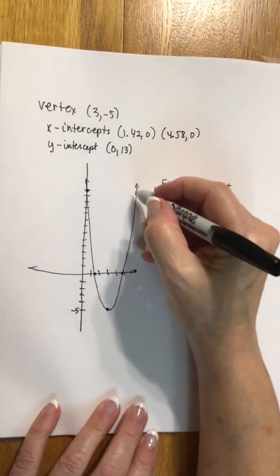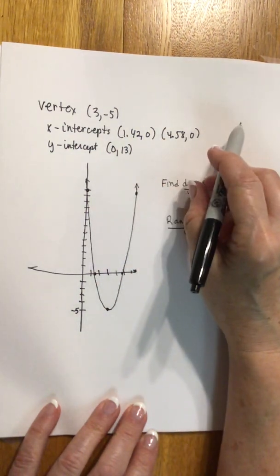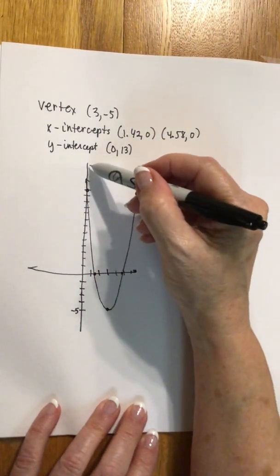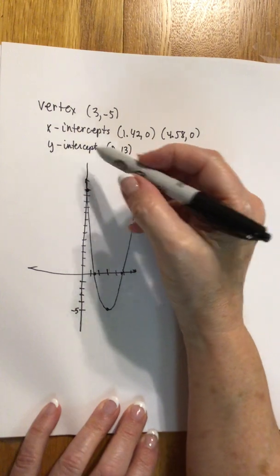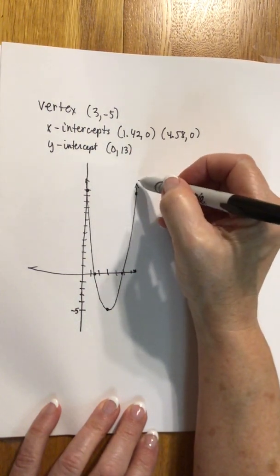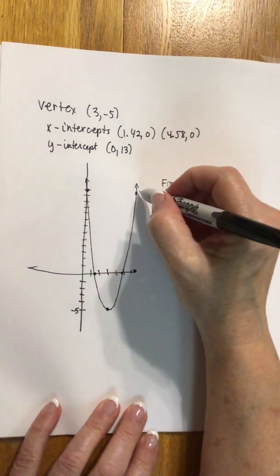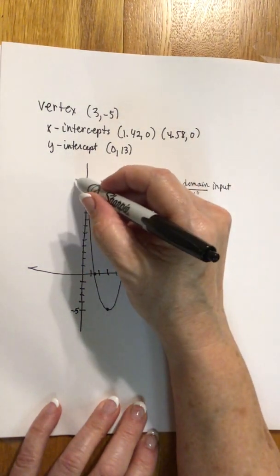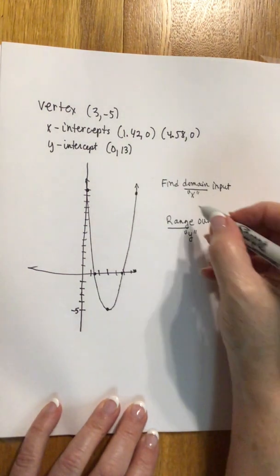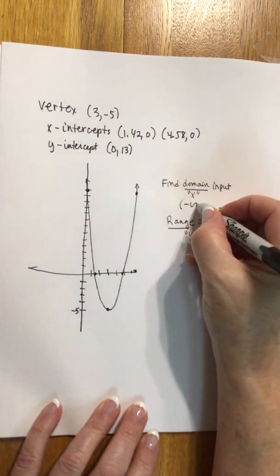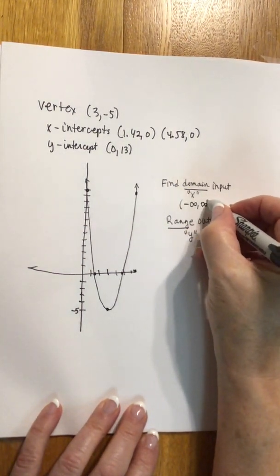Well, as this continues to go up, it also continues to go out to the right. As this one continues to go up, it goes out to the left. So if I go far enough out, this one is eventually going to get out here to what we call infinity. So this would be positive infinity, and this would be negative infinity as it continues to go up. So my domain is going to be negative infinity to positive infinity.